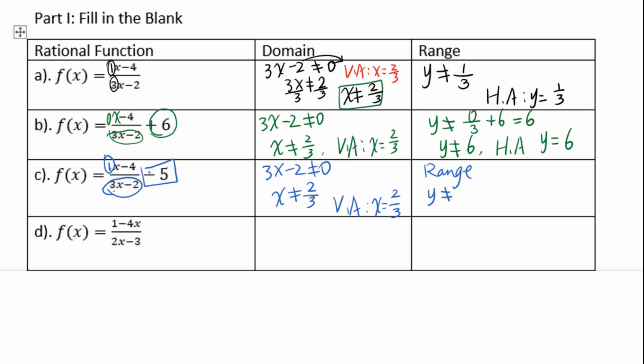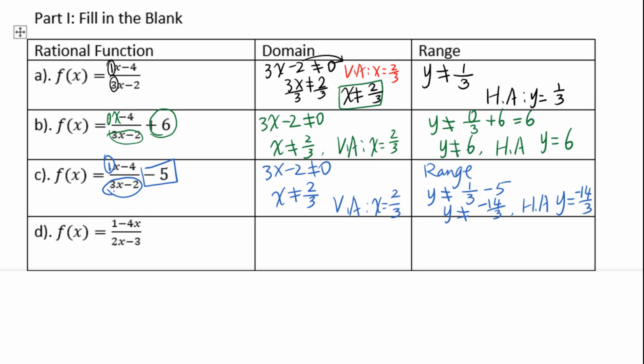Don't forget minus 5. So 1 over 3 minus 5. Use a calculator, you will get y not equal to negative 14 over 3. The horizontal asymptote line is y equals negative 14 over 3.